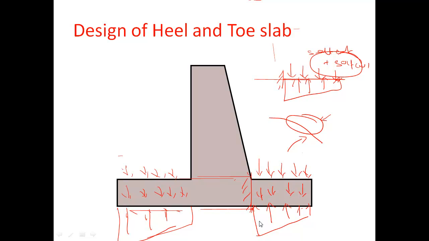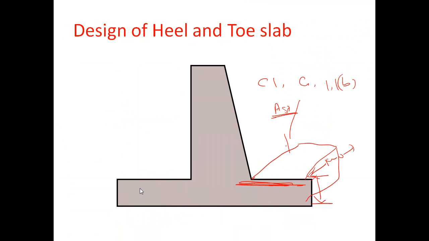Generally here the upward force will be greater than the downward force, so the toe will deflect like this. In the bottom region tension will be developed, and in the top region compression will be developed. So in the toe region we are giving main reinforcement in the bottom portion. Okay.